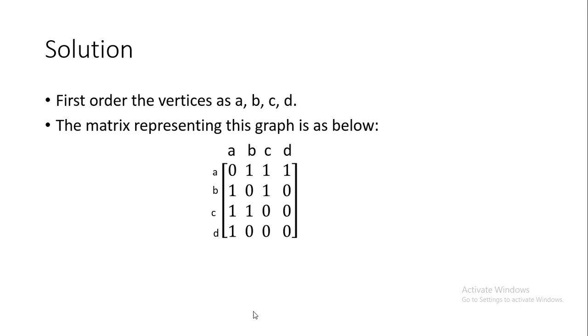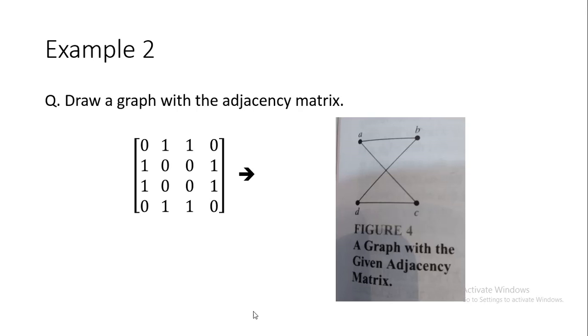Understood? Next, see here example 2: draw a graph with the given adjacency matrix. The question is different. In the first question, the graph was given and you had to find the adjacency matrix.